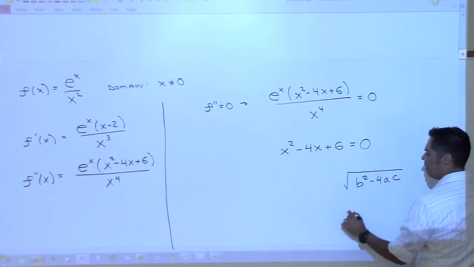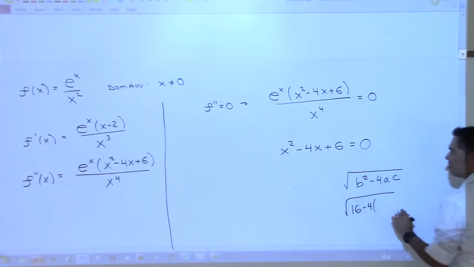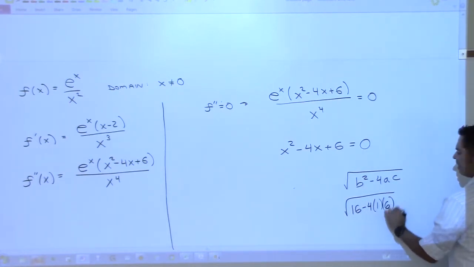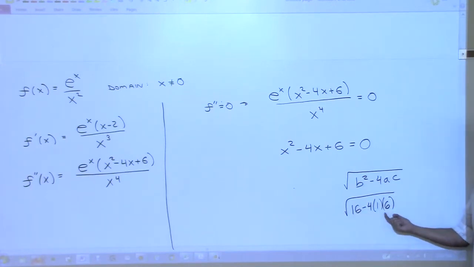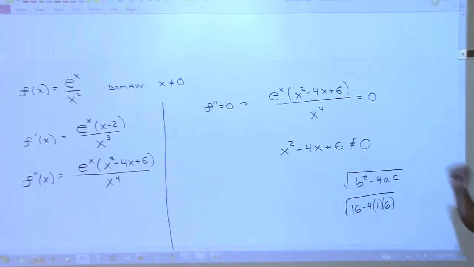B squared would be what? 16, and then minus 4 times a, which is 1, times c, which is 6. That means I get 16 minus 24, and that's negative, which means this has no real solutions, right? Which means my second derivative is never 0. First derivative was 0 at 2. Second derivative is never 0.